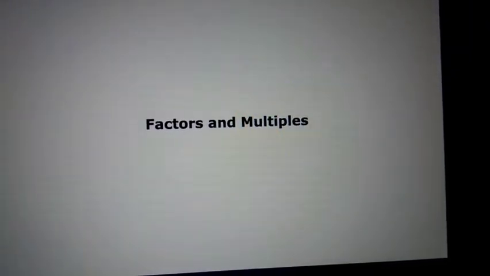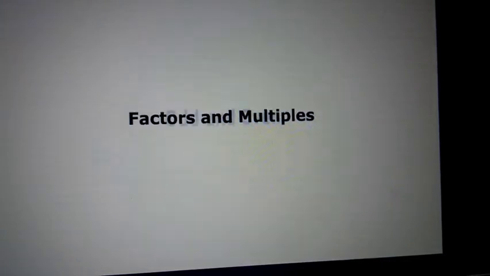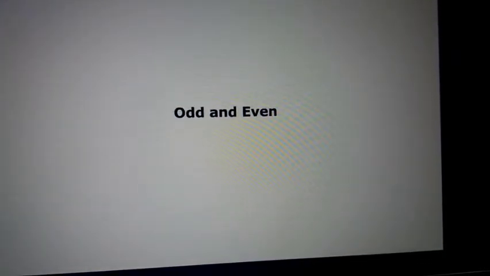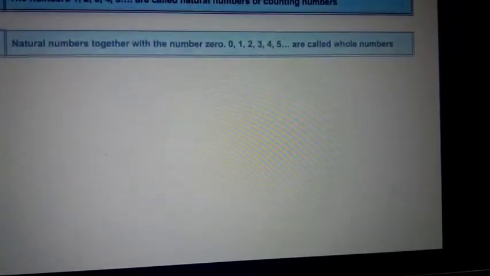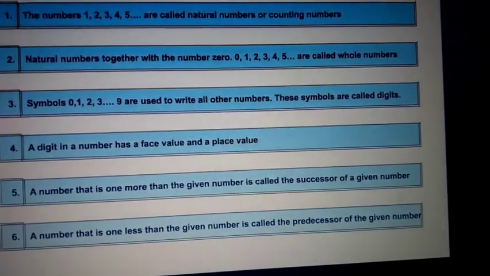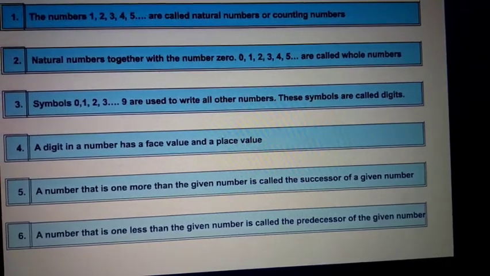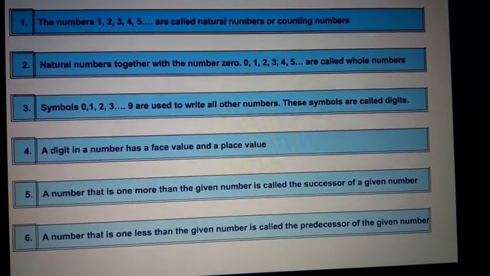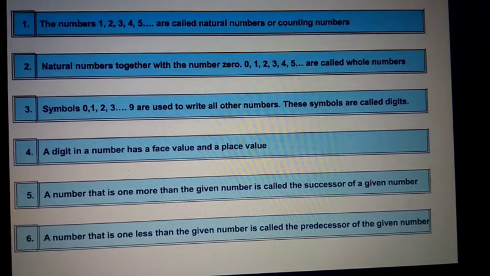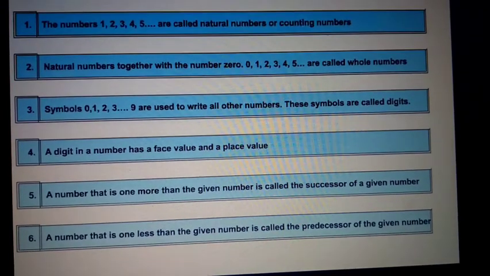We speak about numbers all the time. We have learned about the factors and multiples of a number. We also understand odd and even numbers. Let's brush up our memories. Here are a few definitions. The numbers 1, 2, 3, 4, 5, and so on are called natural numbers or counting numbers.